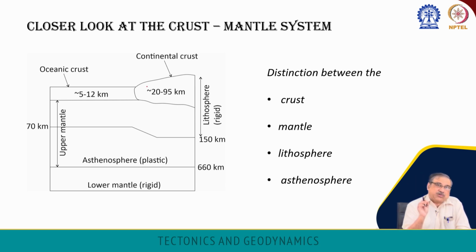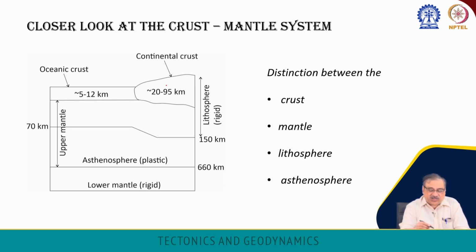Now, the thinnest continental crust we know of, which is elevated, which is above sea level, really, is around 20 kilometers. You can have thinner continental crust, but that would be submerged. To a maximum, there are places where we think that the continental crust could be about 95 kilometers thick, but more or less the thickest part, which is essentially below large mountain ranges, is of the order of between 80 and 90 kilometers.